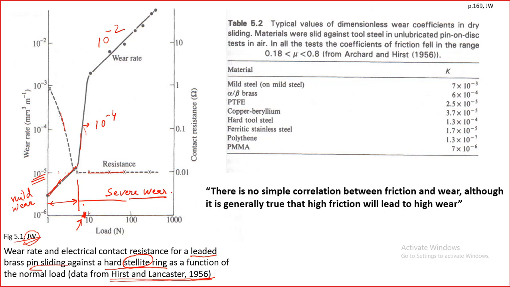Normally for mild wear, you will see that it results in an extremely smooth surface, sometimes even smoother than the original surface. A process like polishing often happens in the mild wear regime. During polishing you should keep the wear process in the mild wear regime. You should not keep it in severe wear, otherwise polishing will not give you a good result.